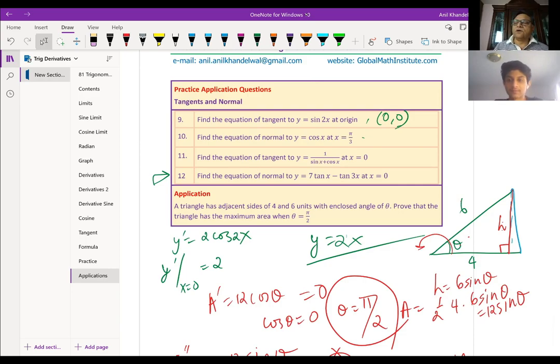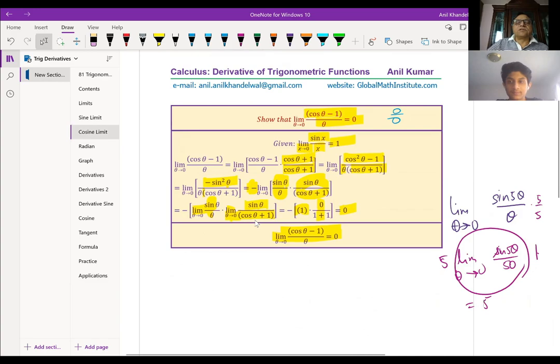You can solve most limit questions using the two formulas: limit x approaches 0 of sine x over x is equal to 1, and limit x approaches 0 of cos x minus 1 over x is 0.